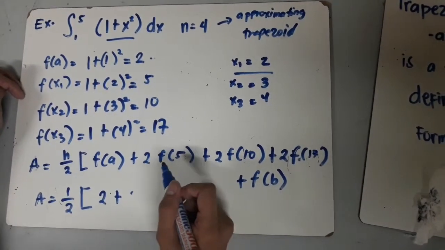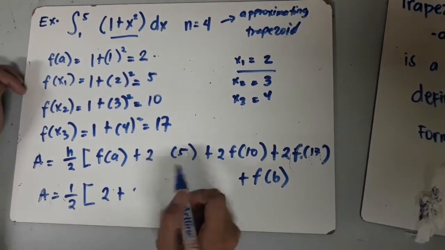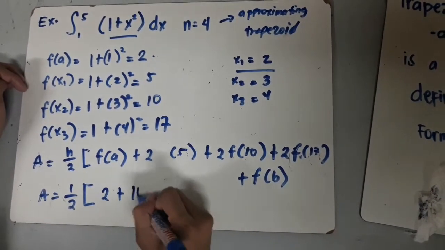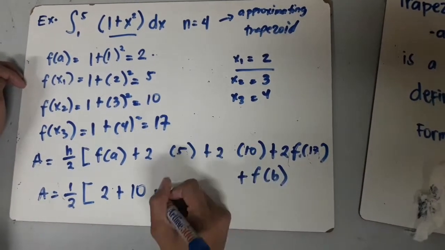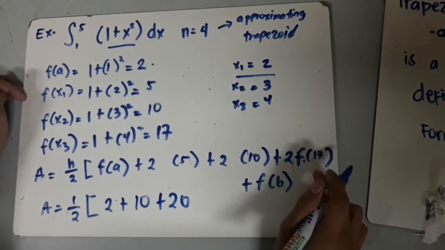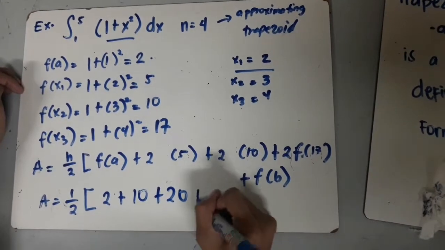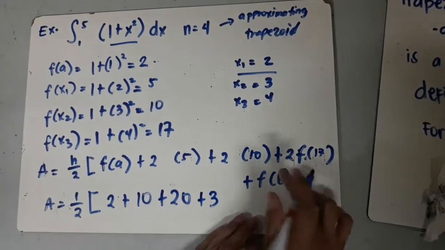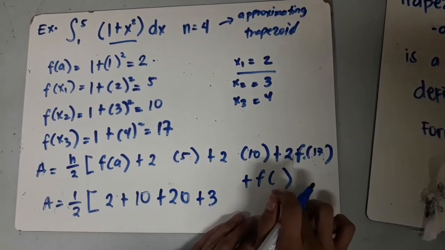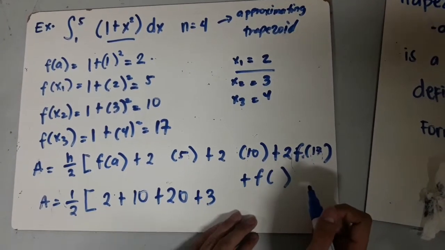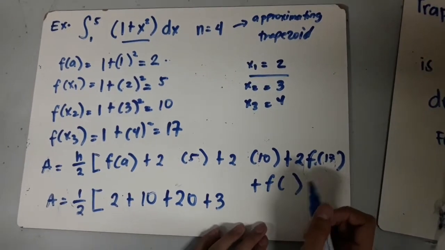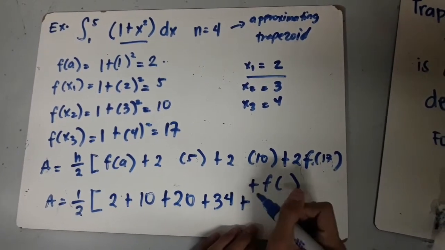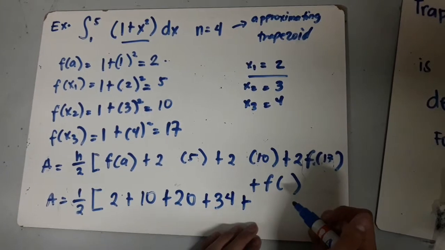So 2 times 5 is 10, then 2 times 10 equals 20, plus 17 times 2 equals 34. Then lastly, f of b.